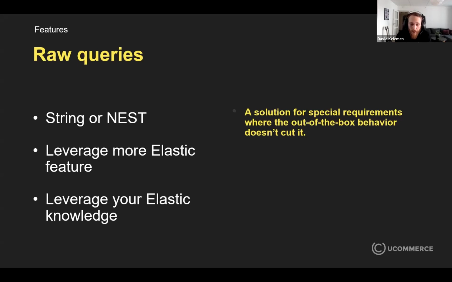So if you or your developers in the company have experience with Elasticsearch, or your customer requirements need something else than what is provided out of the box, and you want to leverage some of those strong features that Elasticsearch has, we actually have an API that you can call with actual Elasticsearch queries, essentially in a way bypassing Ucommerce to do as little processing on that as possible. So you can say, okay, Ucommerce, you do your thing, but I want exactly this feature in this way.